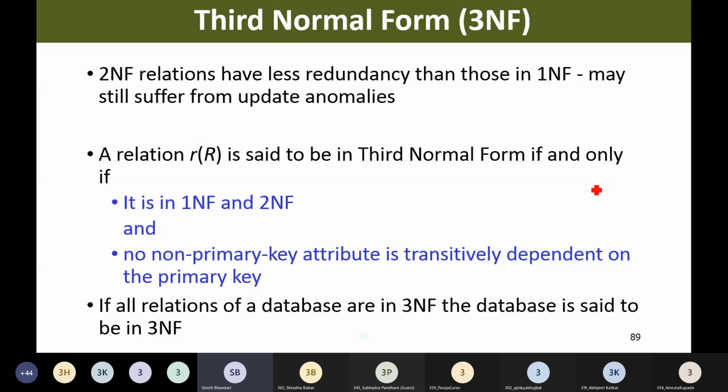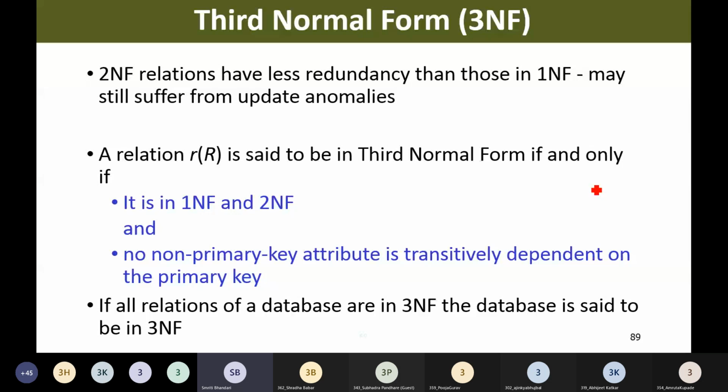For example, if we consider our university schema, we have lots of relations in it. So we say that the university schema is in 3NF if each and every relation in the university schema is in 3NF. Right? I hope you have understood the concept. May I proceed?